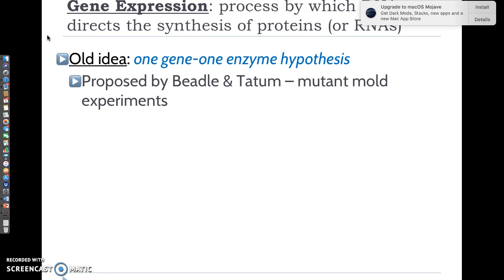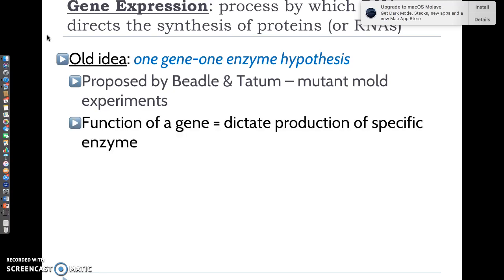By doing this, they could then grow the molds in different mediums or different agar plates, and they could see how it would grow in a different environment. So from that, they figured out that the function of the gene dictated the production of a specific enzyme, depending on if it was able to synthesize or metabolize the enzyme in the agar plate.